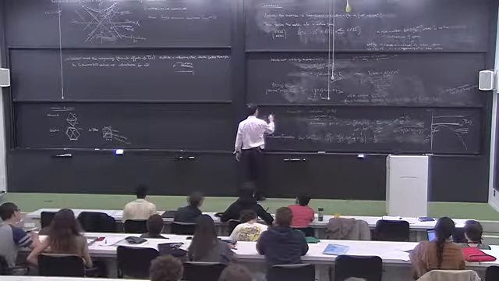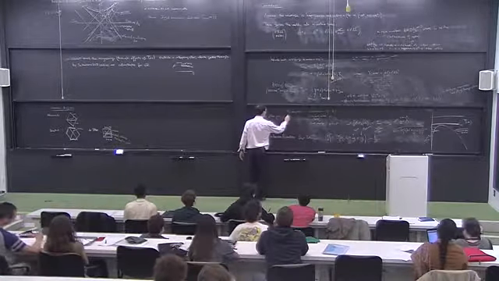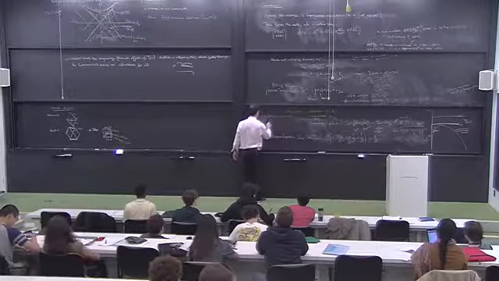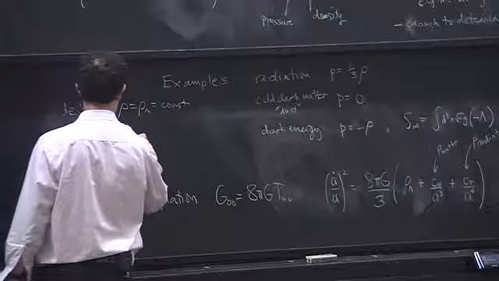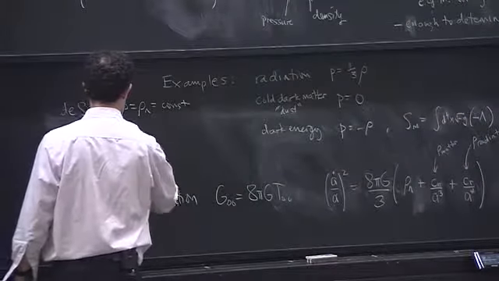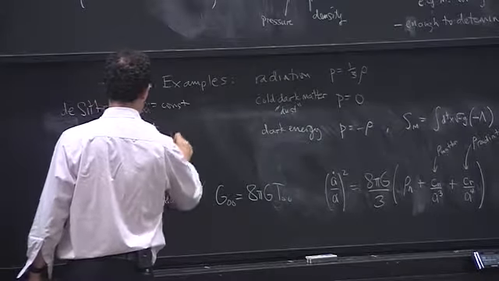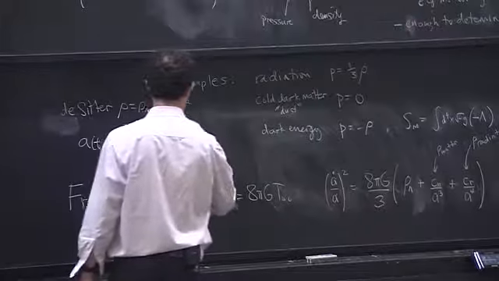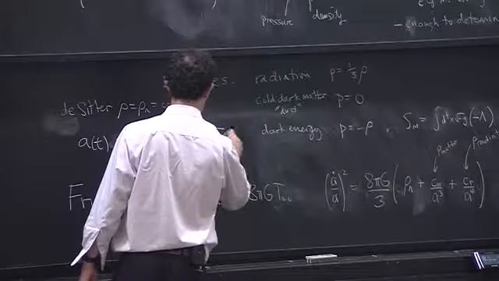De Sitter is just rho equals rho lambda equals constant. And so a of t is proportional to e to the ht, where h equals the square root of 8 pi G over 3 rho lambda.